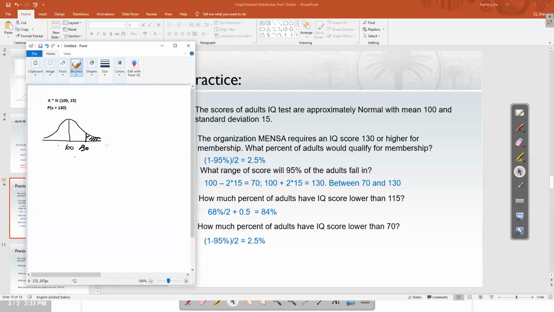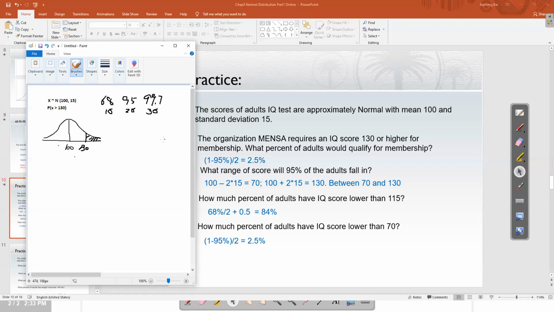If this were a rectangular shape, it's easy, like in chapter 10, but this is not. So we need to use something else. Here we're going to use the empirical rule, the 68, 95, and 99.7 rule.